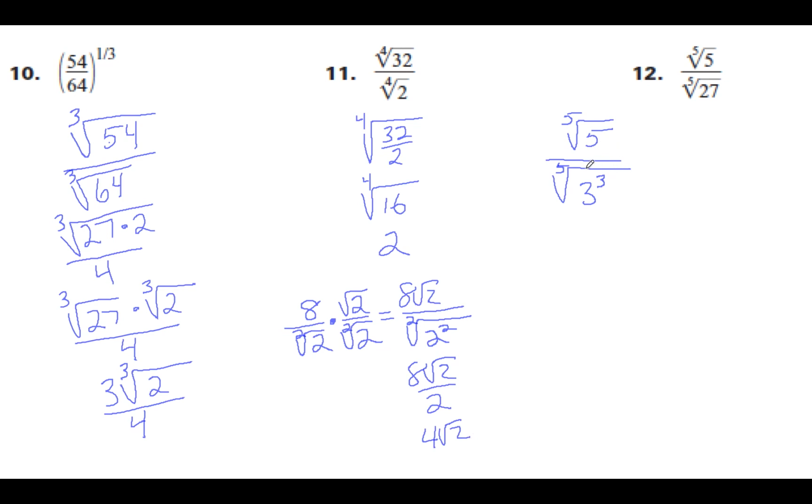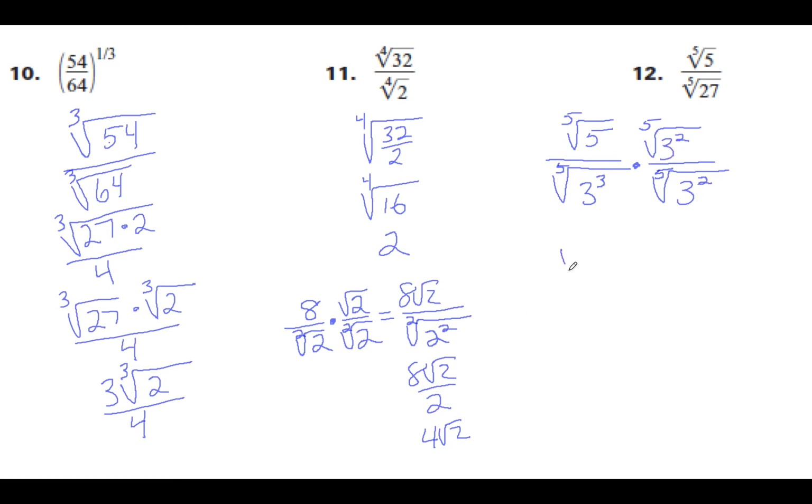So in order for me to cancel out this radical, I need to have 5 3's on the bottom. So I need to add 2 more 3's on the bottom. I'm basically adding the 5th root of 9, but I'm going to write it like this. And on the top, I'll write it like this at the same time. I'll change that in a second.